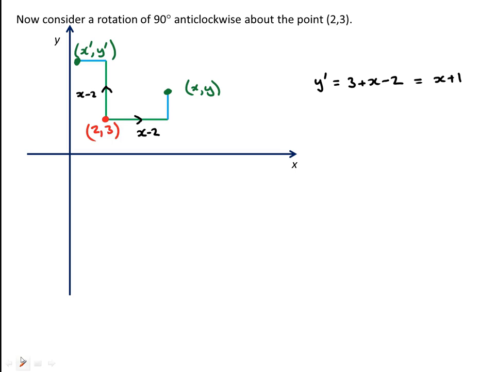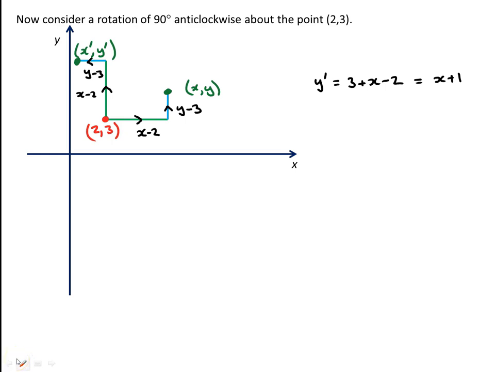Going back to the original L shape, we have got a vertical movement, or a movement in the y direction, of y minus 3. When we rotate the L shape, that vertical movement of y minus 3 becomes a movement to the left of distance y minus 3.